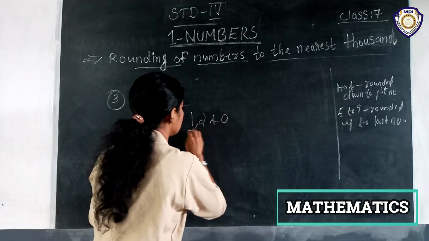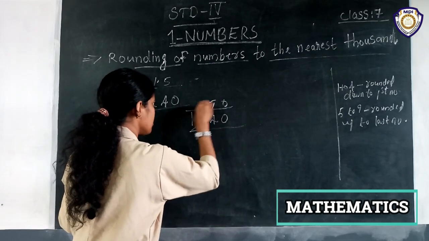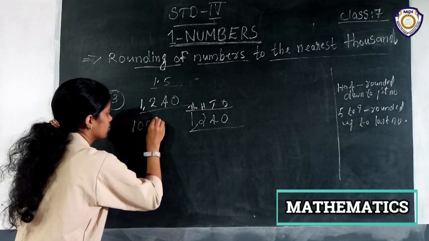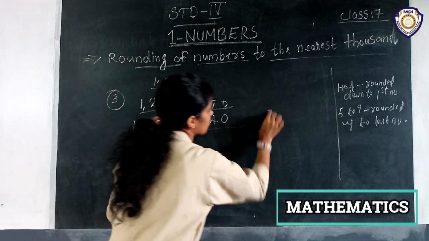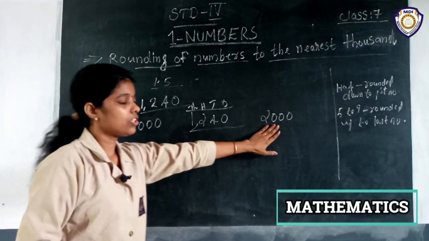Ones, tens, hundreds, thousands. 1 is in the thousands place. 1000 plus 1000 is 2000.